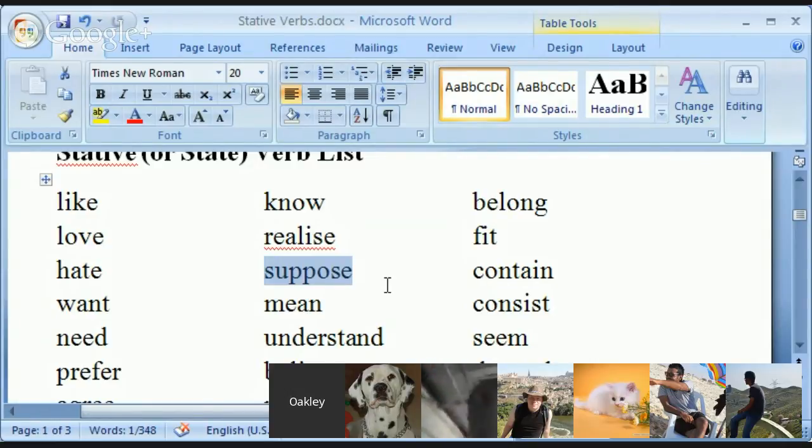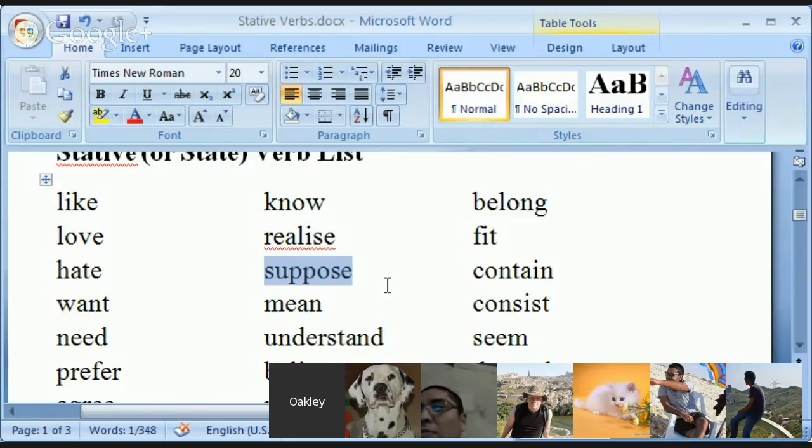I think it's stative. I'm supposing. It's too hard to pronounce. I've never said it. Have you ever heard it? I'm supposing. I've never heard it either. I'm supposed. I suppose.